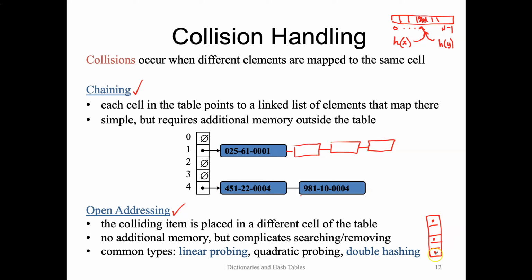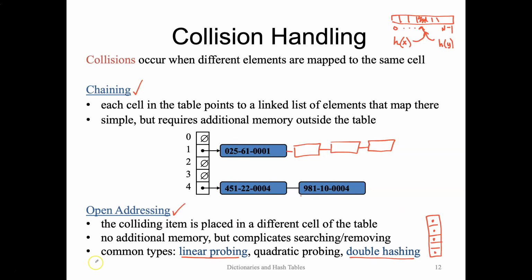If we encounter a collision where another item belongs at that cell, then we have to figure out some other cell in order to place it. The upside is that it doesn't require any additional memory, but it makes the searching and removing operations more complex because an item doesn't necessarily belong where its hash value is. It might move around. There are a few different types. We're going to talk about linear probing and double hashing specifically.